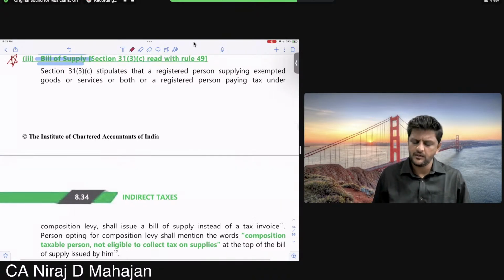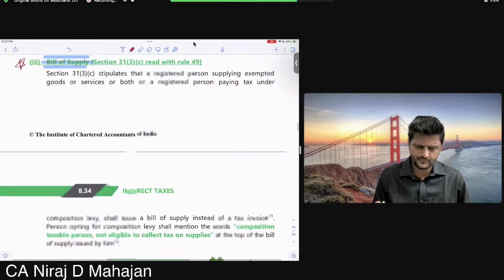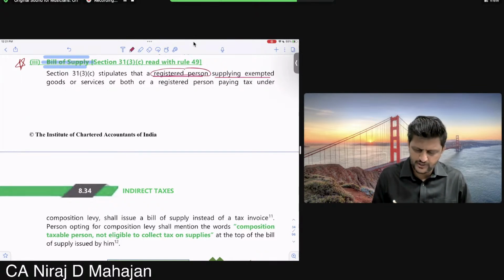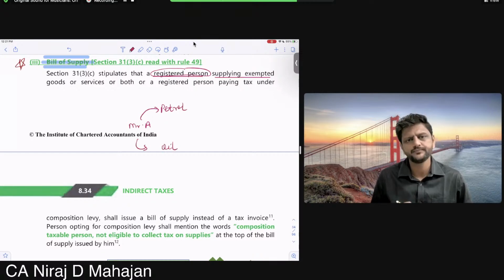31(3)(c) states that a registered person supplying exempted goods, registered, but now, let us say there is Mr. A. Pay attention, okay? We have done this example. Petrol and oil.